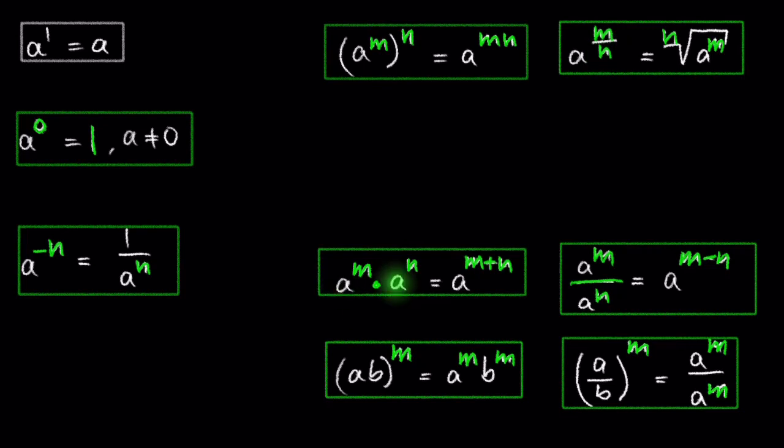Multiplying any non-zero bases together is the same as keeping the base and adding the exponents. Dividing any non-zero bases together is the same as keeping the base and subtracting the exponents. When you have a product of non-zero numbers, you can distribute the exponent to each factor. And when you have a quotient with non-zero numbers, you can distribute its exponent to both the dividend and the divisor.